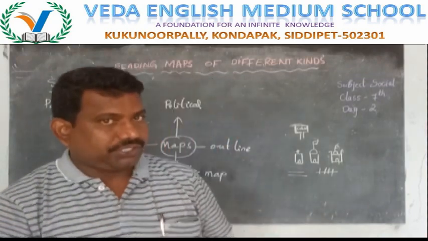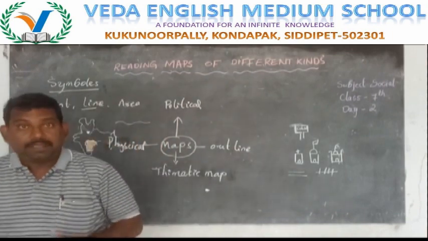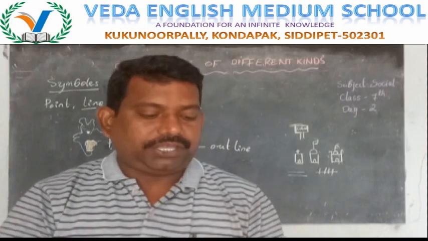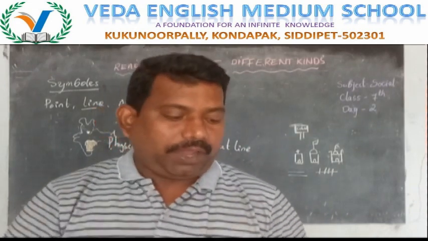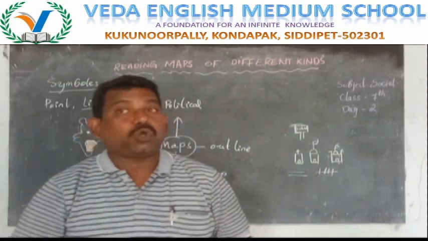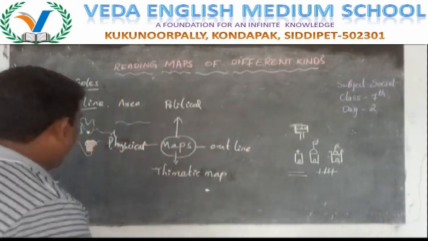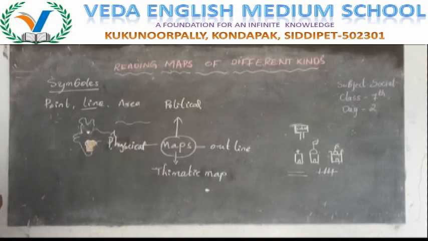Understand, children? This is the difference between the map and the picture. Then we see measuring heights on land. Measuring heights on land. How do we measure?